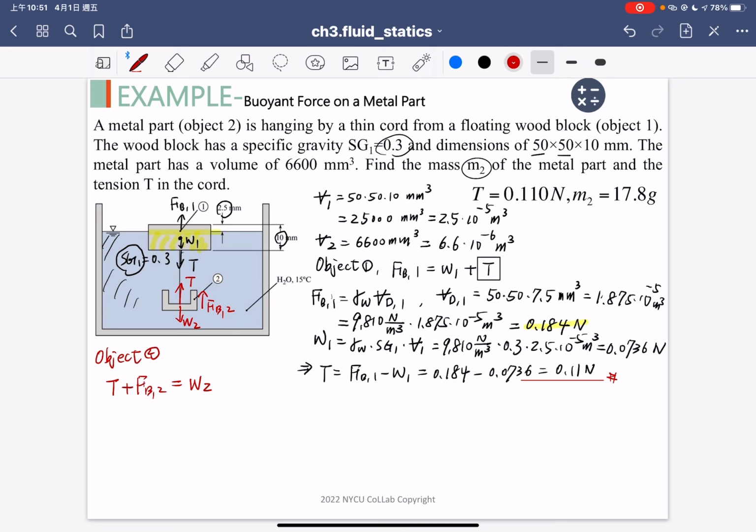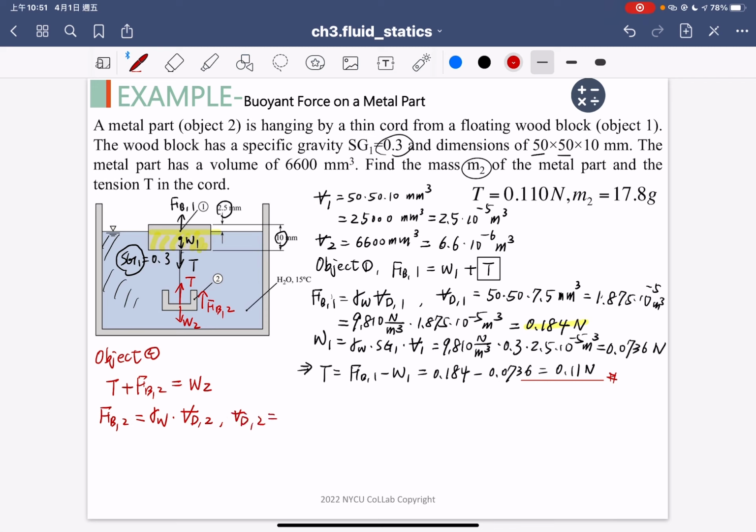Okay, so we already know the tension here, and we can compute the buoyant force FB2 first. Again, we have the gamma W multiplied by the displaced volume for the object 2. So what is the displaced volume for the object 2?